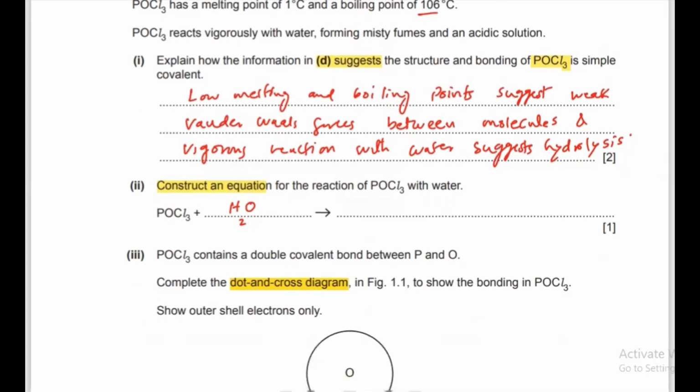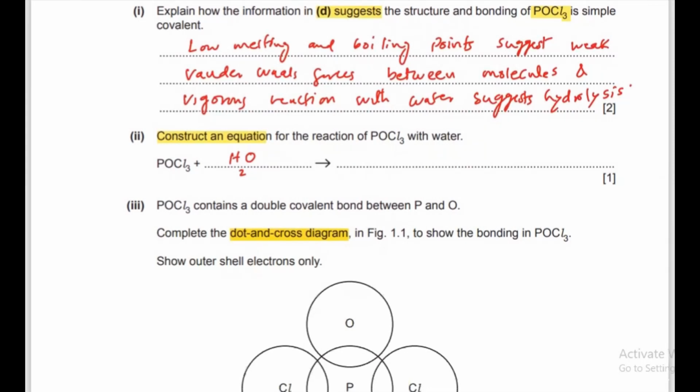So this will form the same type of products: POCl3 plus water will give us H3PO4 plus HCl. If we balance this equation, there are three chlorines, so we can put three here, and then 3 plus 3 is 6 hydrogen, so 3 here. So this is the balanced chemical equation.